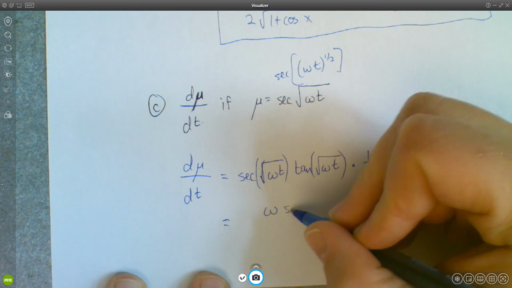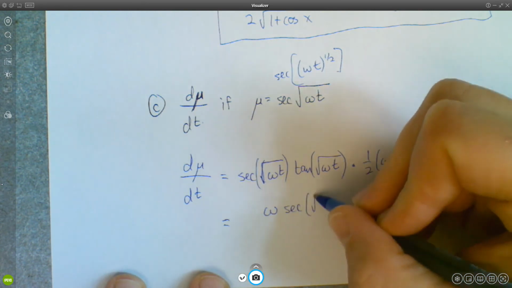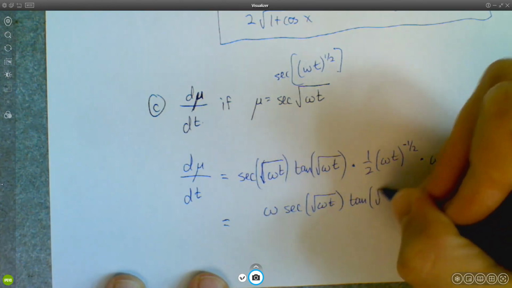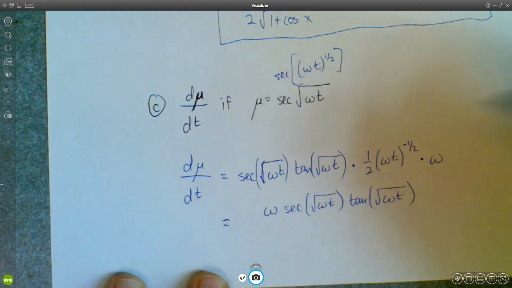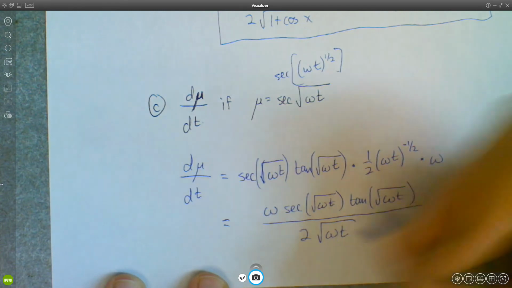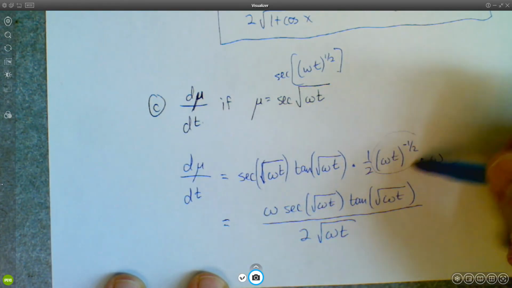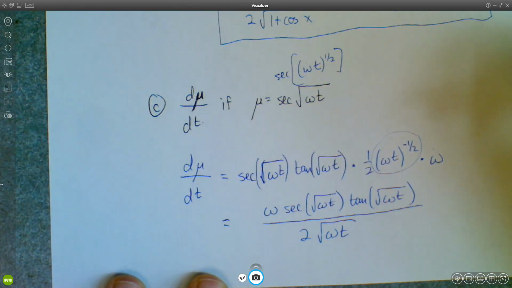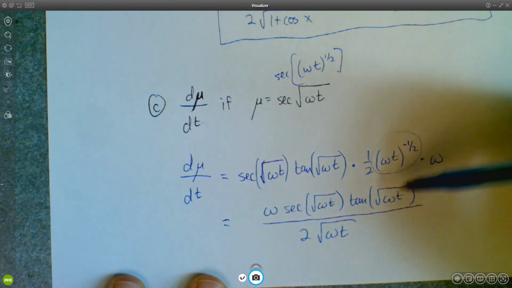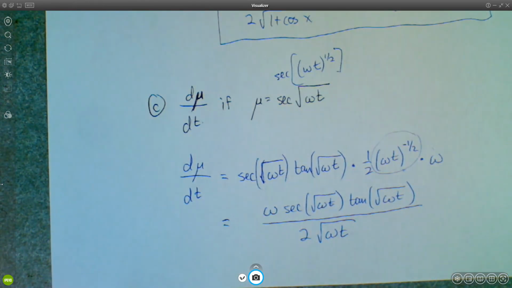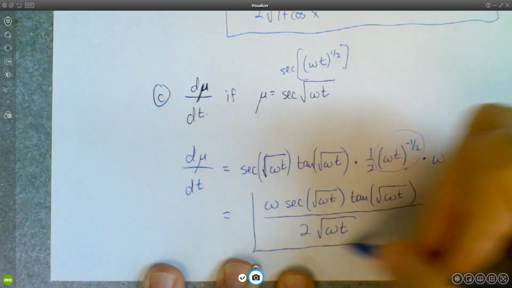So I've got omega times secant of square root of omega t times tangent of square root of omega t over 2 times the square root of omega t. I'm just saying that because I know there are a lot of square roots of omega t going on, but this one down in the denominator comes from here. And then I think that's about as simple as that's going to get.